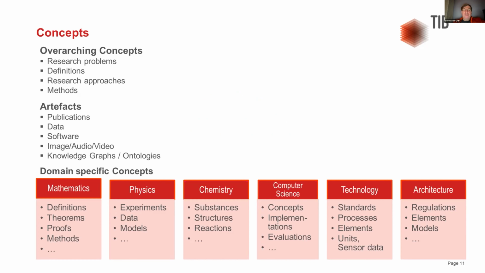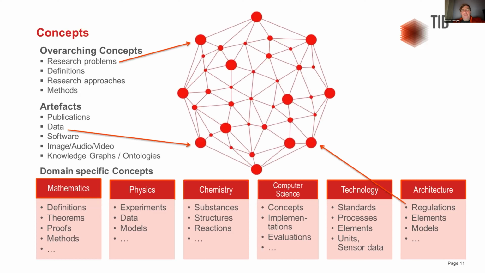Like in mathematics, you have definitions, theorems, proofs. In physics, experiments, data, models. In chemistry, substances, structures, reactions, and so on and so forth. And our idea is to represent all these entities in a knowledge graph and establish the links and relationships between them in a semantic way, so that we describe what's the connection.